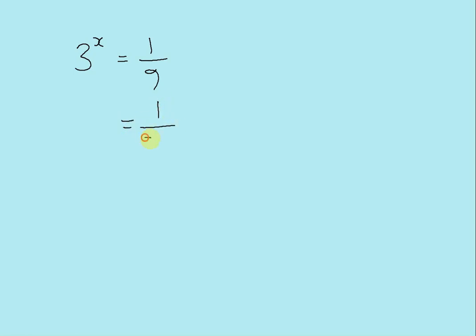The base value has to be the same. So now I'm here. So when I look at this, I'm thinking it has to be a minus 2. Minus because I can see this 3 has been reciprocated, and yeah, that's it. You just got to know your power laws, your negative powers.